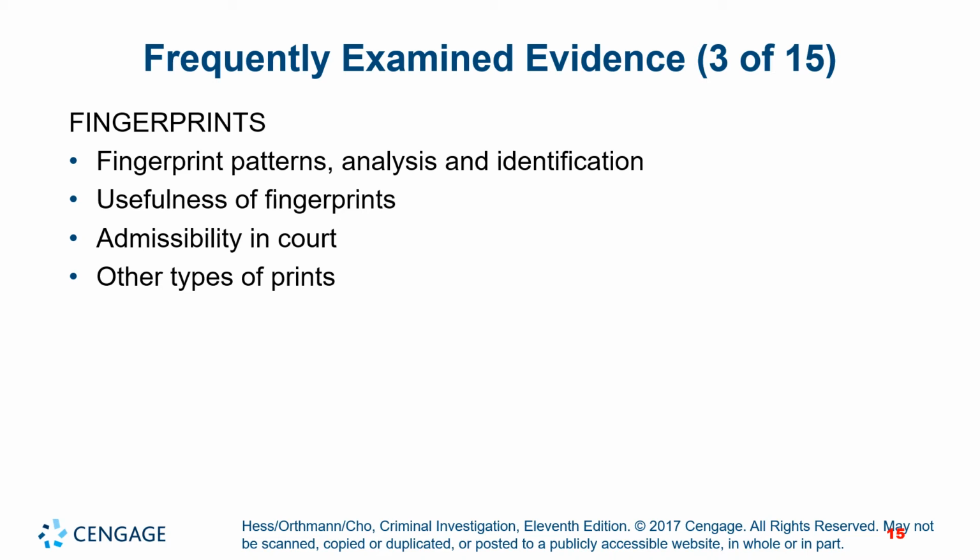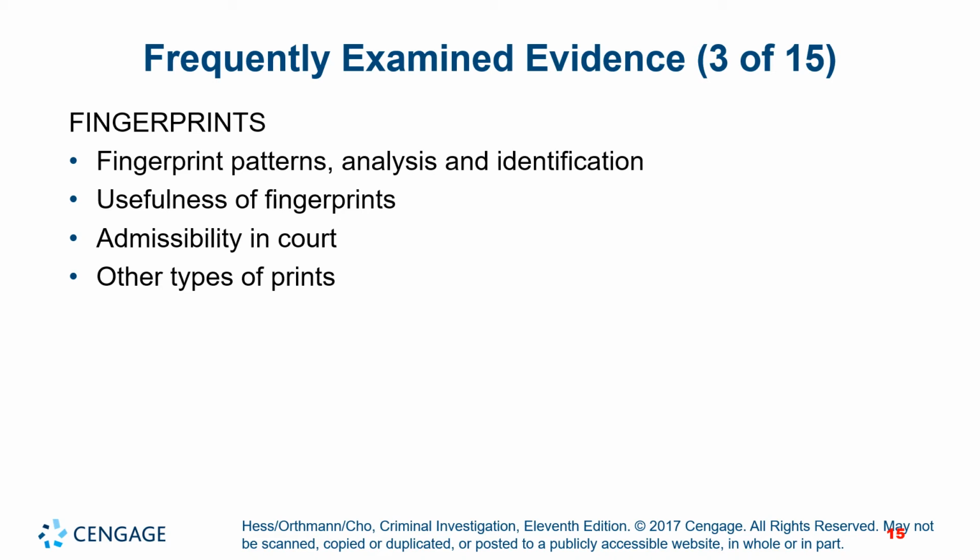The usefulness of fingerprints is unequivocal. They are absolutely unique to every individual, so they are positive evidence of identity. And if they are processed correctly and you have all of the required 12 matchable characteristics, then they are easily admissible in court.